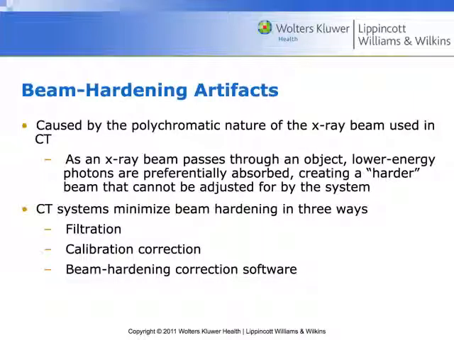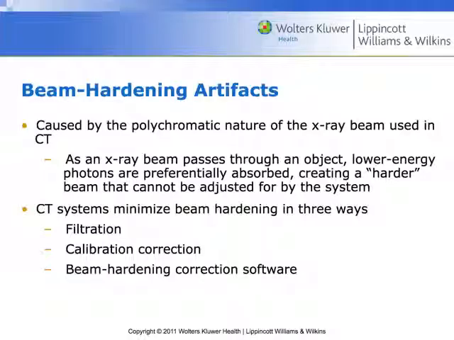We can minimize hardening artifacts in three basic ways: through filtering the X-ray beam prior to it even entering the patient, calibrating, making sure that we're using the appropriate protocol, that the patient is at ISO center, and that the machine is calibrated appropriately. And then we can actually use software post-processing to process out that noise from the beam hardening.